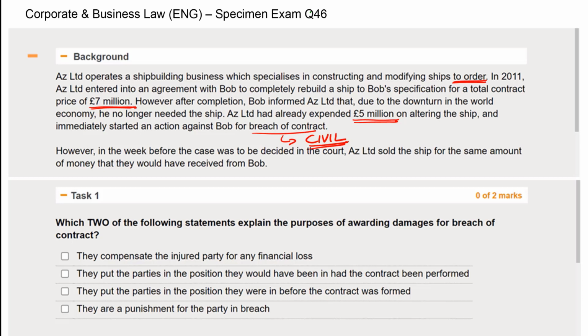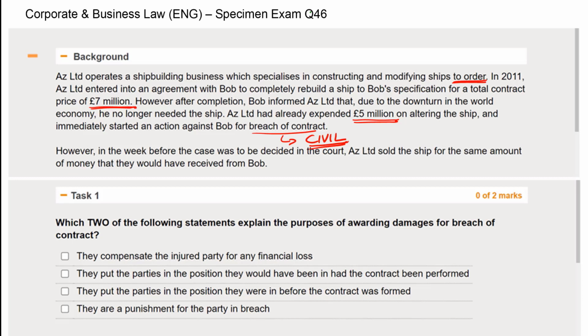And the role of a civil case is to compensate somebody who has suffered loss. And we contrast that with the criminal case, which is there to punish the wrongdoer. So which 2 of the following statements are relevant here in terms of damages for breach of contract?